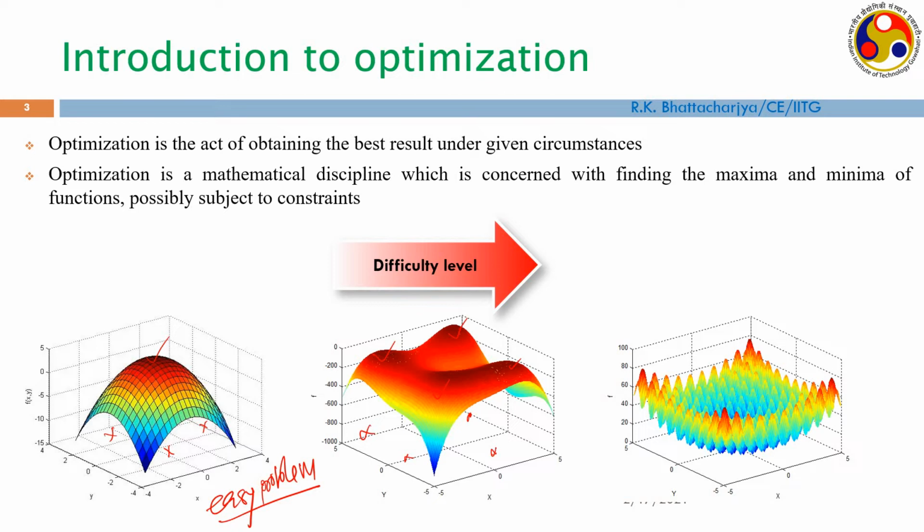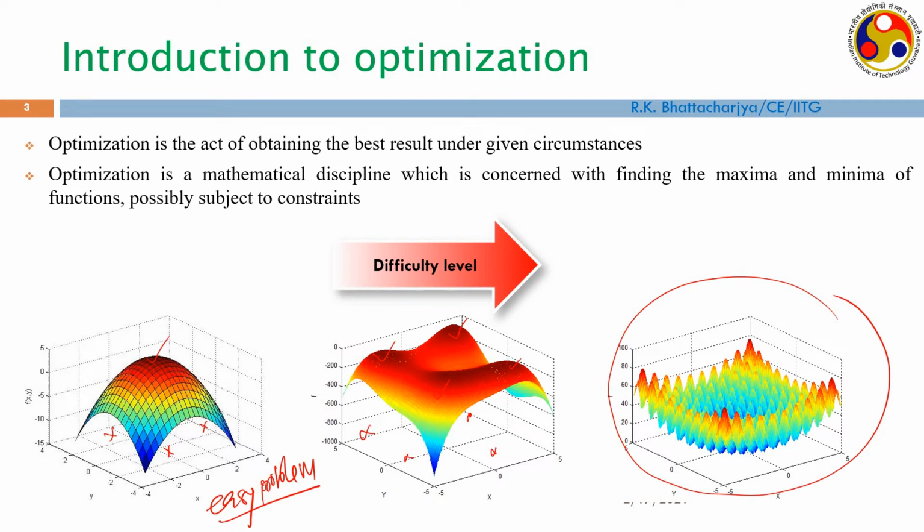Now go to the third one. The third one is quite difficult. There are innumerable local optimal solutions, and one of them is the global optimal solution. If you look at this particular function, it is not easy to solve using the classical method. You can try, but maybe you need 1000 iterations, or more than that, to get the local optimal solution of the problem.